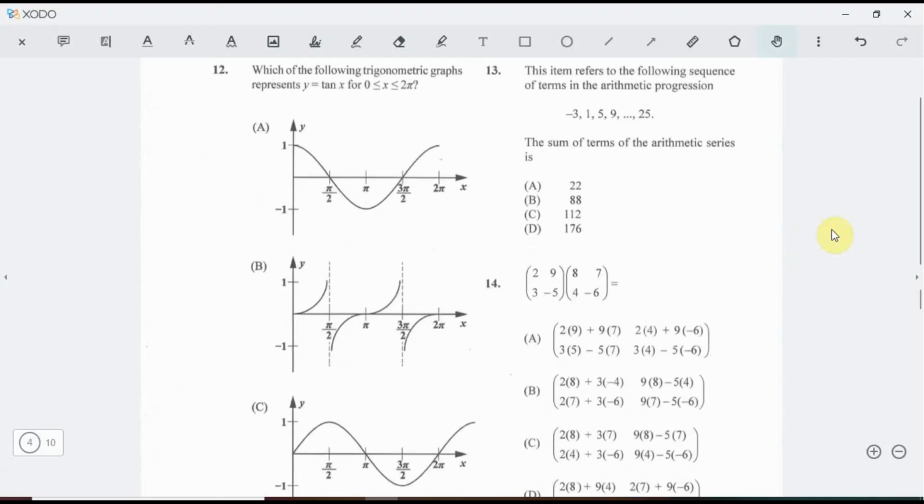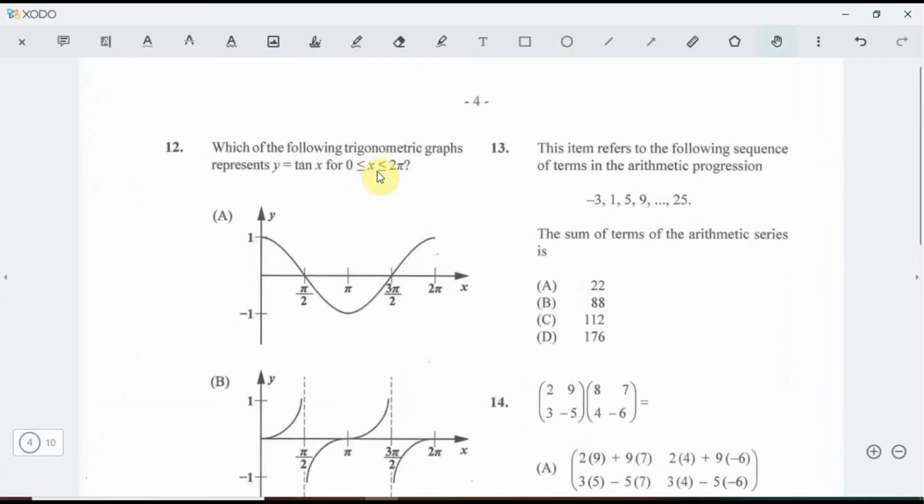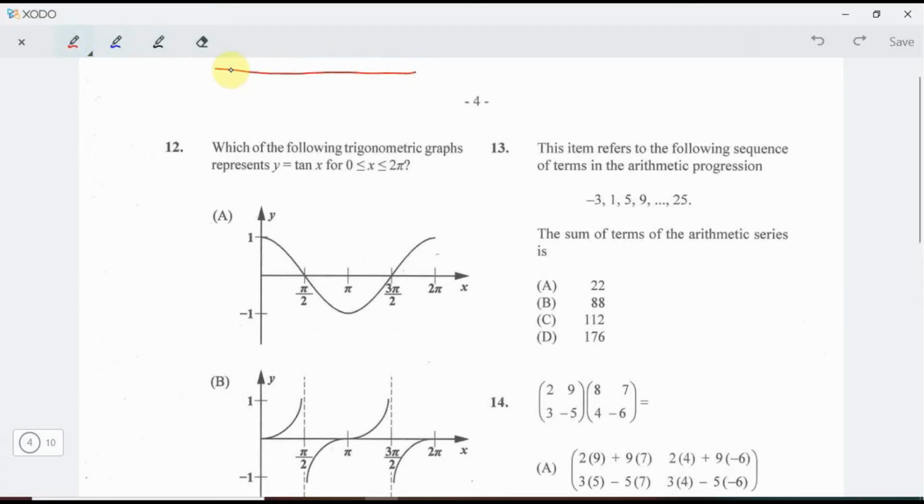Alright, question 12. Question 12 says, which of the following trigonometric graphs represent y equals tan x? So tan is a very peculiar function, and I describe it as being weird because there are some issues with the tan graph. So let's go ahead and create a sketch of it.